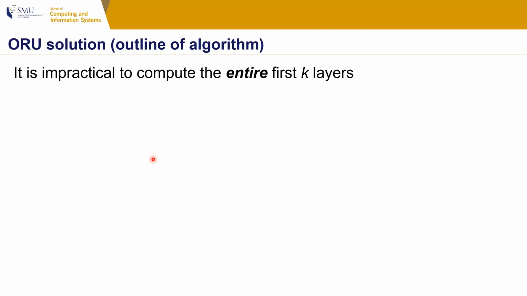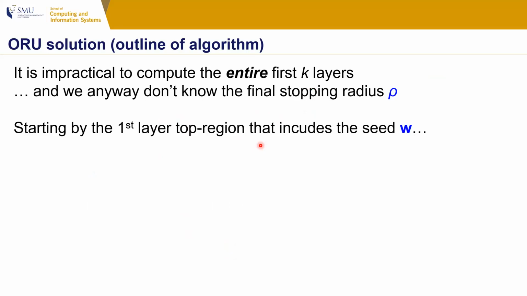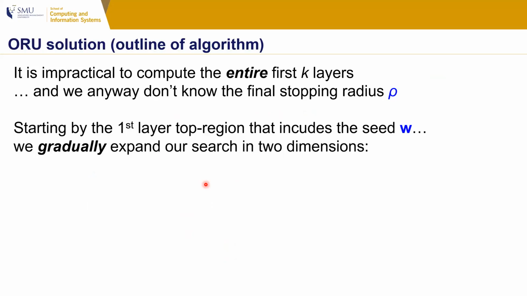So our solution is, of course, avoiding computing the entire k layers because that's going to take too much time. And anyway, we don't know the final stopping radius. So what we do is that we start by the first layer top region that includes the seed vector W, and then we do a gradual expansion in two dimensions.